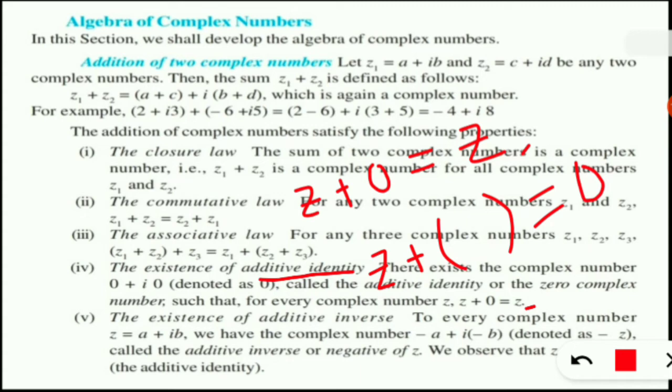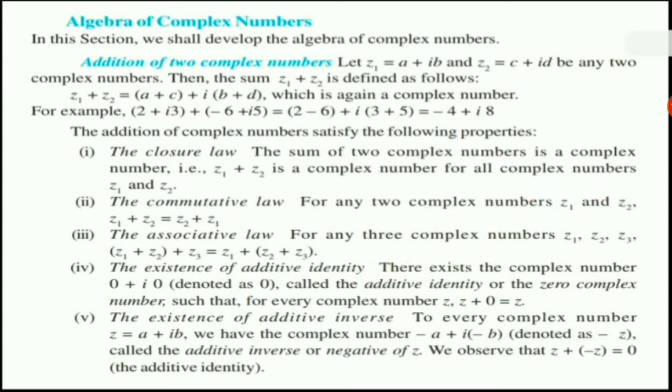So definitely if we add minus z, then additive identity comes. Clear? So remember that for additive identity equals z, that means equal to the given number comes up, and for additive inverse equal to identity comes up. Clear?